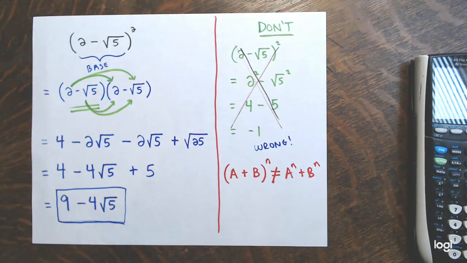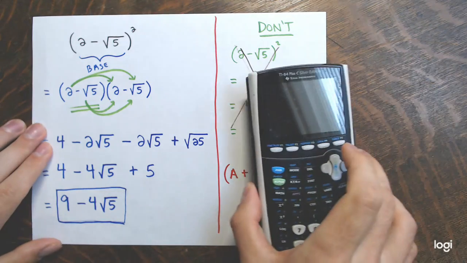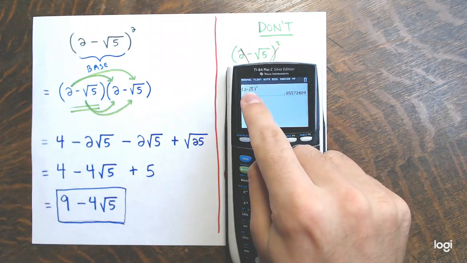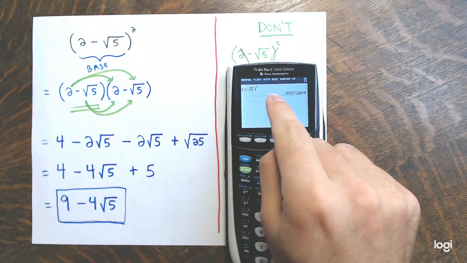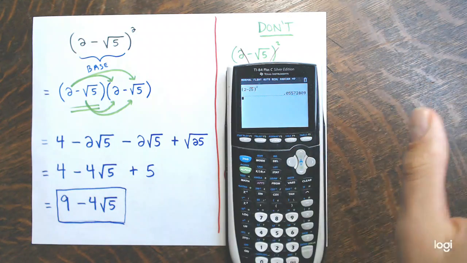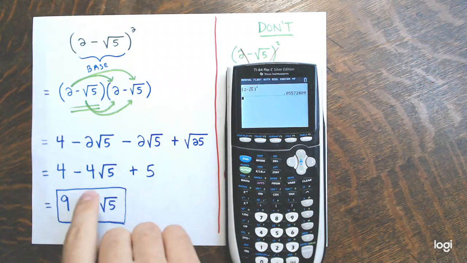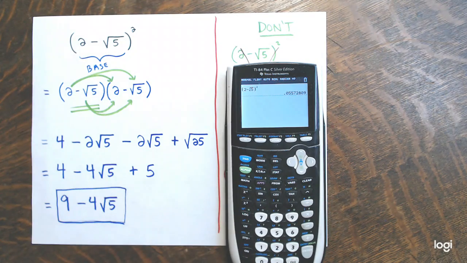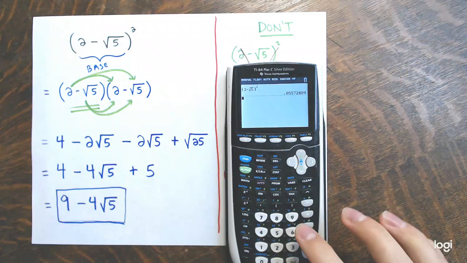All right, now let's test it. Let's check it out. Make sure it's correct. So I already put in the 2 minus root 5 quantity squared. That's this 0.055728809 and so on. Now let me put in this number here at the end. Hopefully the number at the end is the same as the number I started with. Should be.